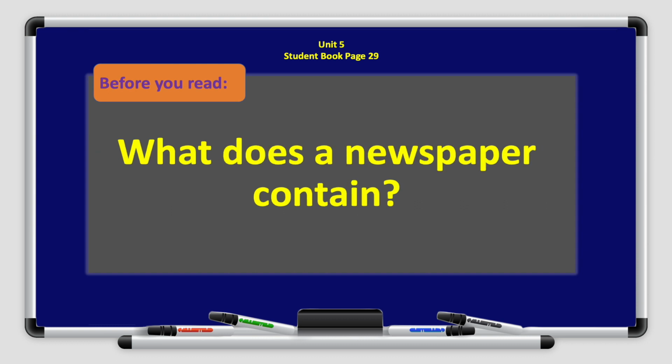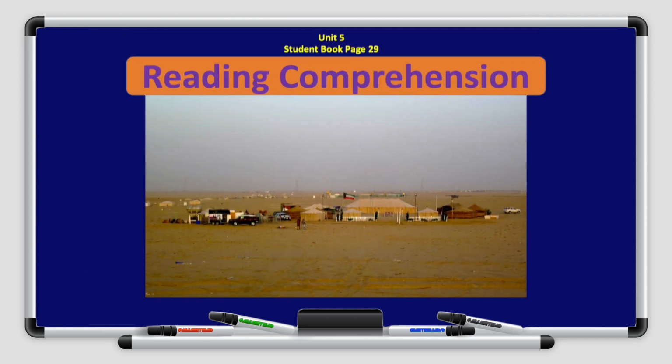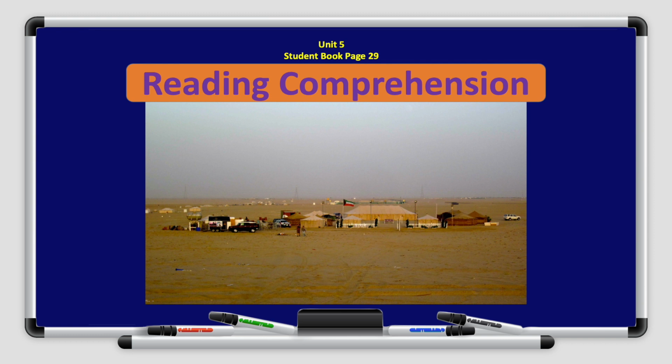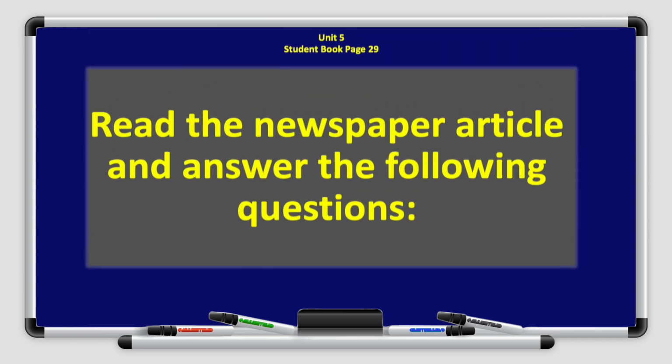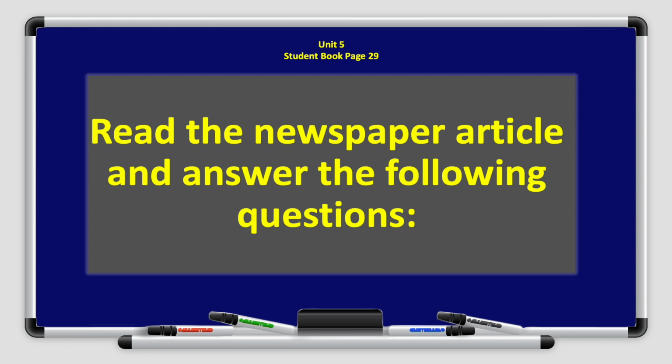We have another question. What does a newspaper contain? So when you read a newspaper, what can you see in the newspaper? What does it contain? So we're going to read right now about free time. We're going to read a newspaper article and answer the following questions.